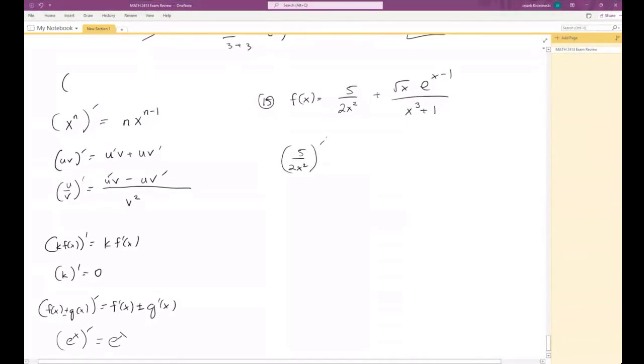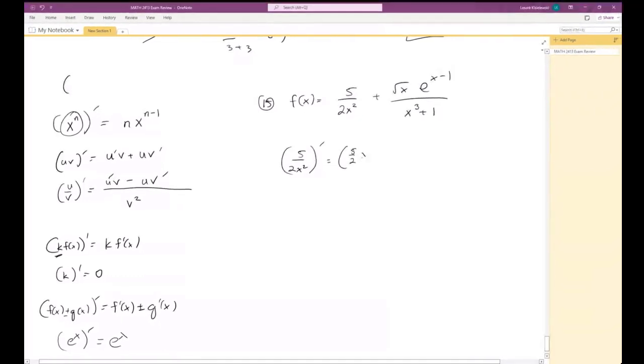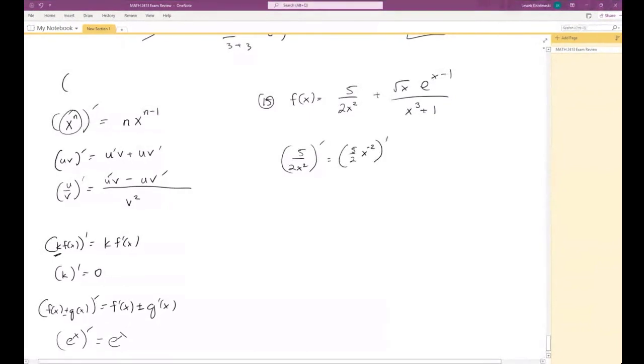How do you differentiate that? We want to think of this as a constant times a function of x. Remember, the power rule works for any power, so we think of it as x to the negative 2, which is easier to apply the power rule to.